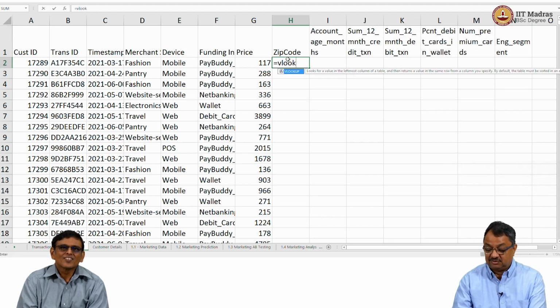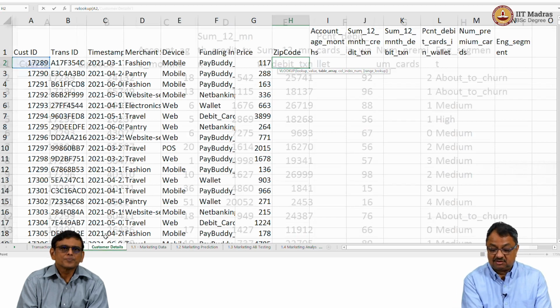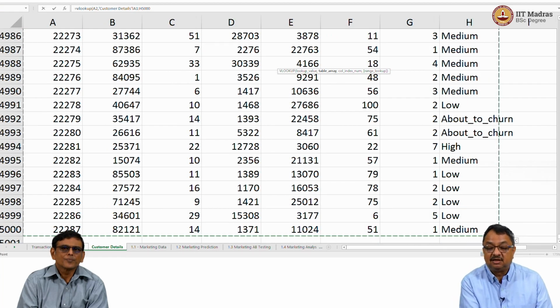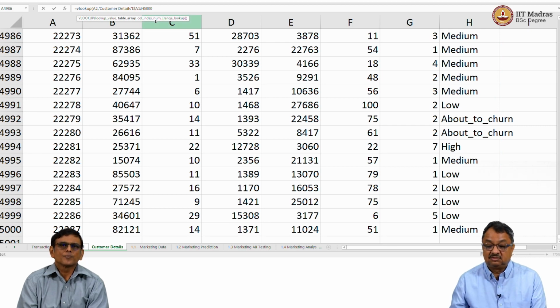So now we will do VLOOKUP. This is customer ID. We want to look up customer ID in what table? I will have to put dollars. Which column?